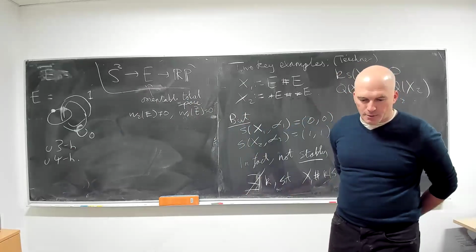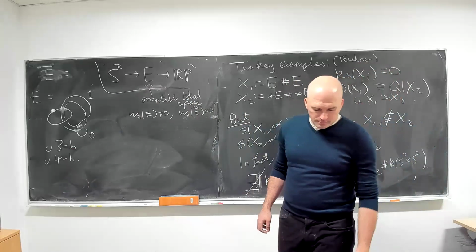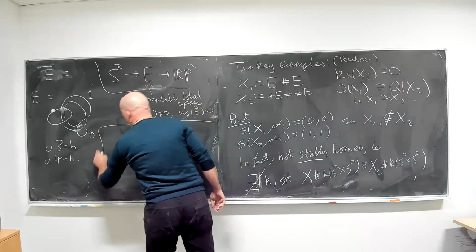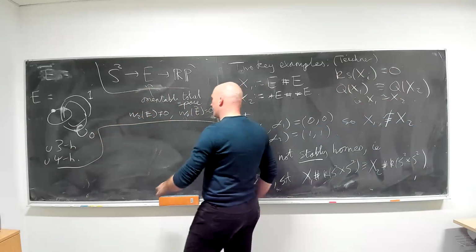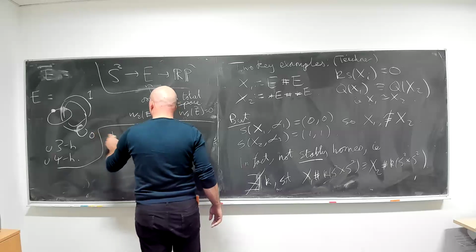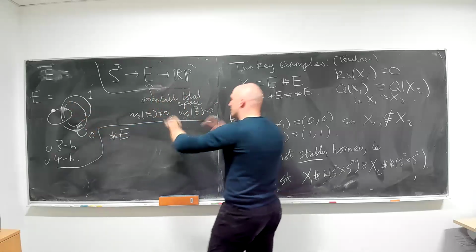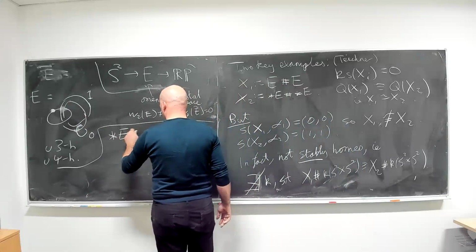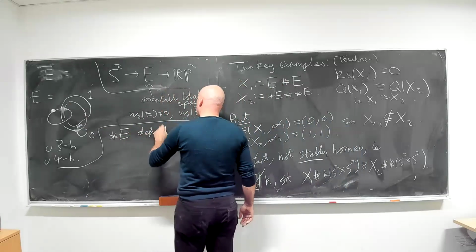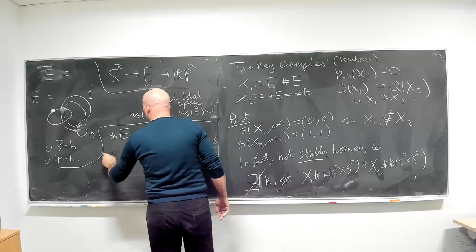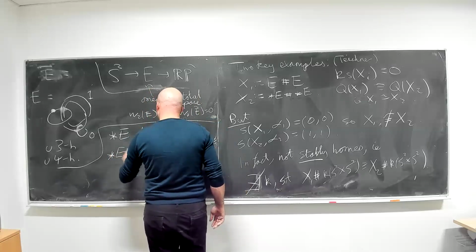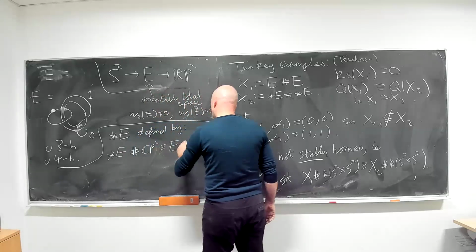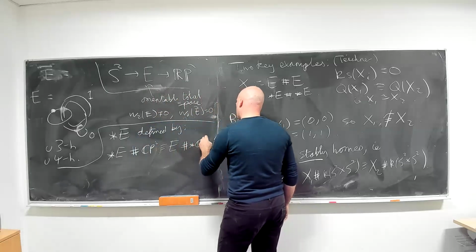And then I was going to tell you what this star partner is. Given an E, you can make a star partner as follows. Obviously, given E, I can take its connected sum with itself, but star E is defined by the requirement that if I add CP2 to it, I get E connected sum star CP2.